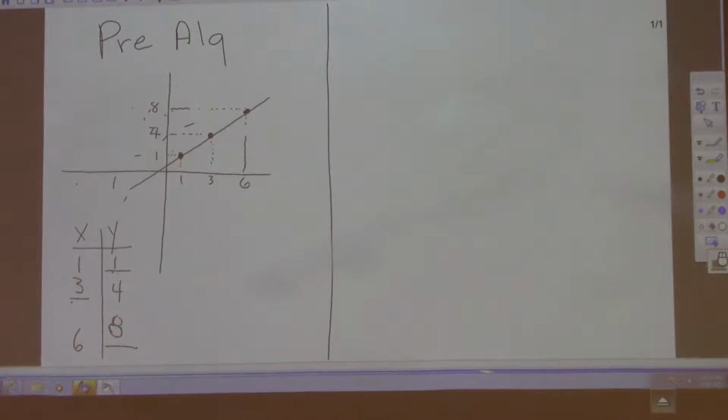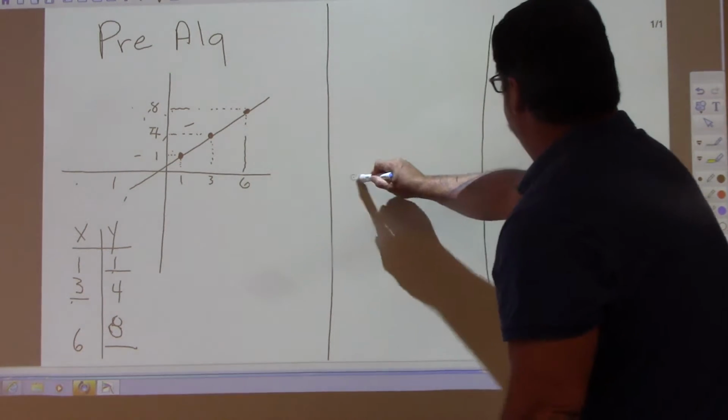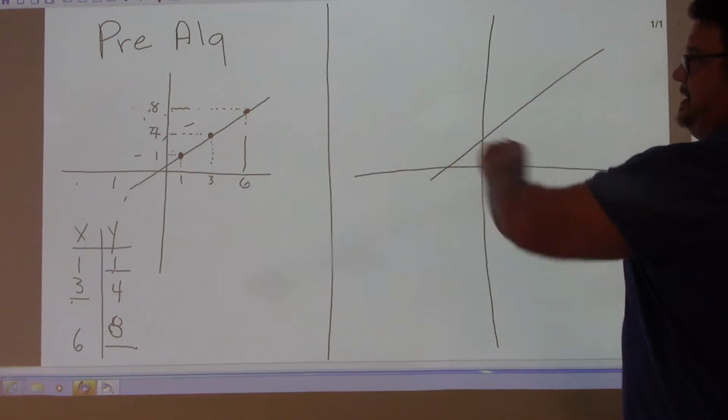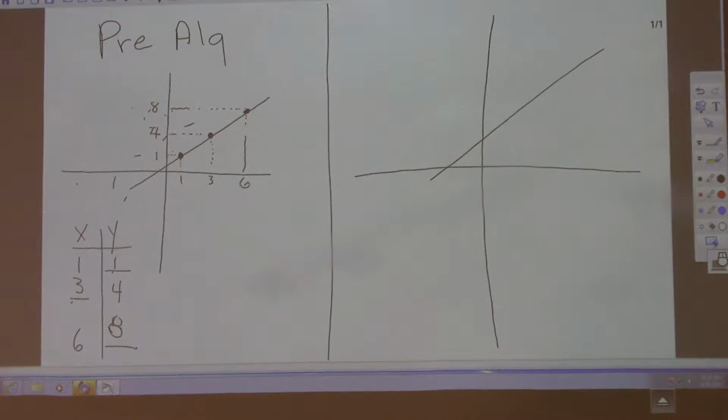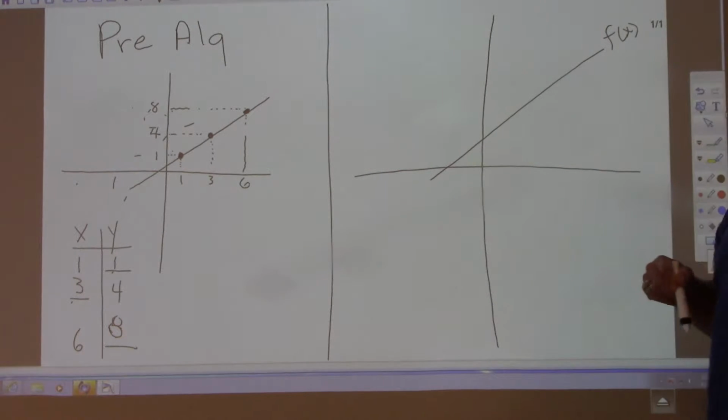Well, with your pinky up, it's going to be written like this. And you're going to have the same thing as that. But this is going to be called f of x, like that.